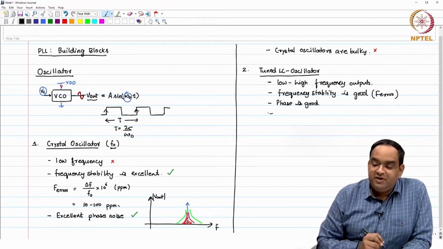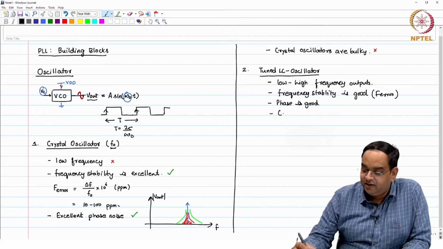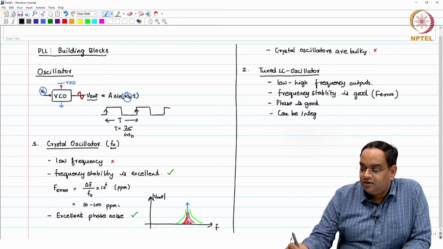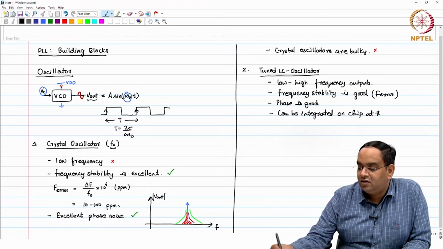Then when we come to the point of integration, they can be integrated on chip at the cost of large area for inductors. Okay.